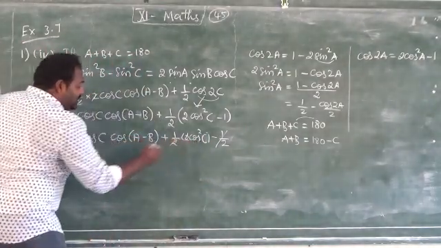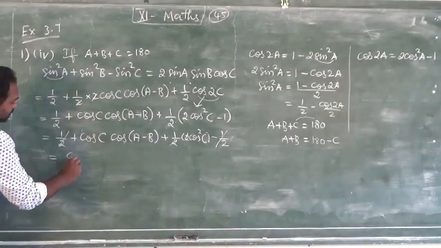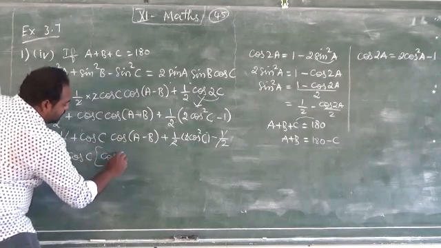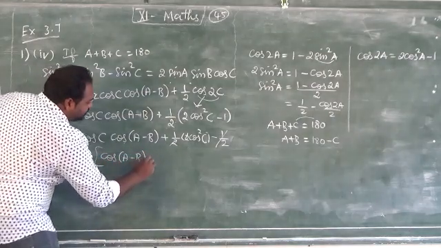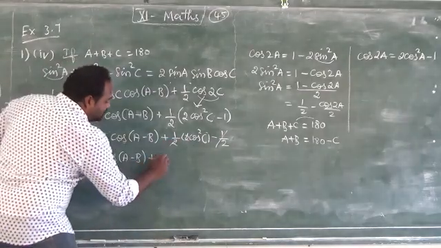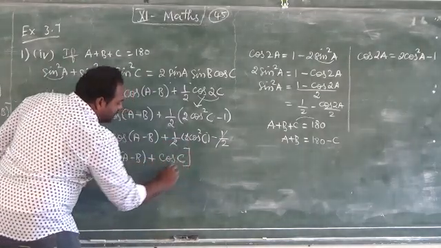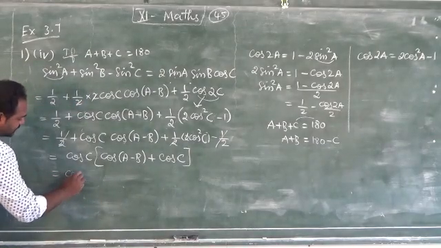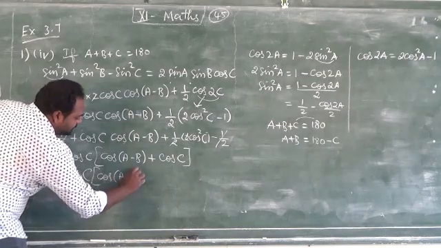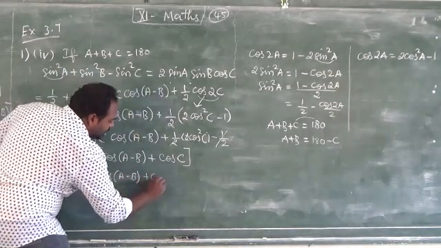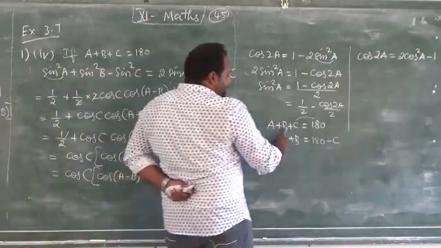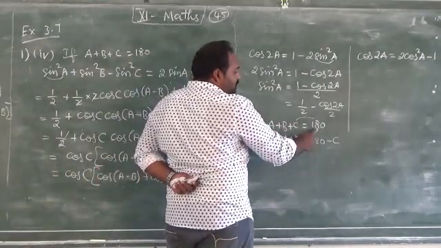Here we have a cos C. So can we take cos C commonly outside these two terms? If you take cos C commonly outside, you are getting cos A minus B plus, already we have taken cos C outside, remaining only cos C. Next, cos C into cos of A minus B plus cos of C. Here A plus B plus C equal to 180.